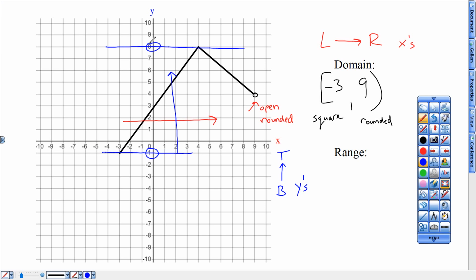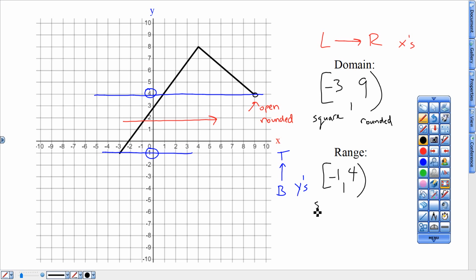And again, I have an open bracket here. So that open bracket makes that a little bit tougher because I'm going to have to break that into sections. This is going from -1 up to this boundary right here, 4. I would write that as from -1 square up to 4 rounded.